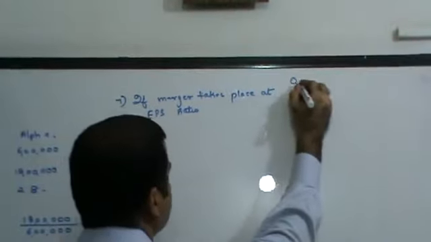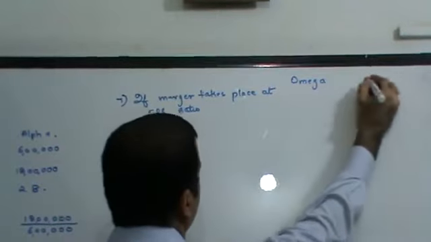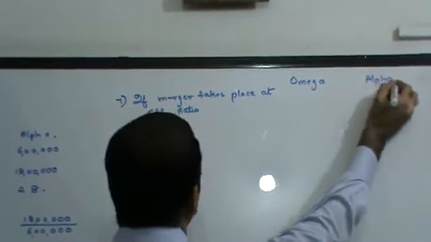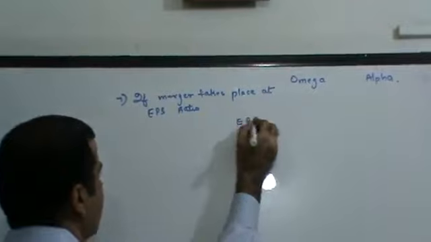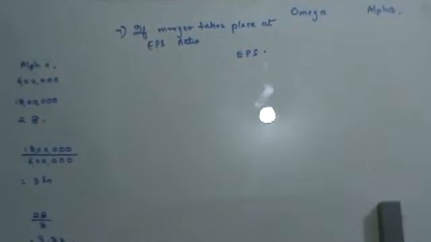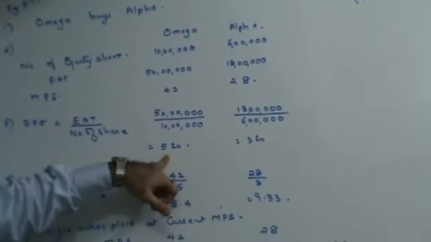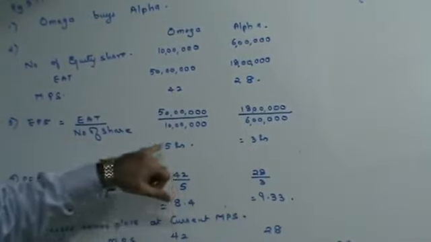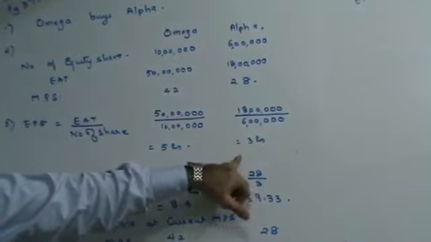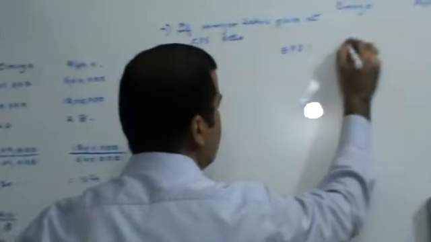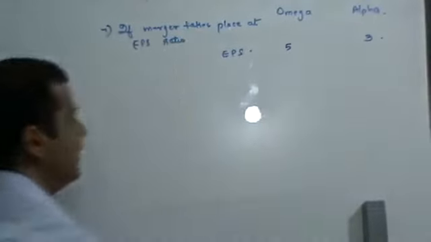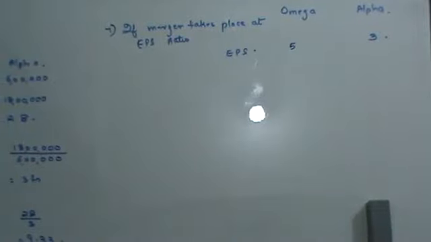You have two companies, Omega and Alpha, right? Now the pre-merger EPS of the two companies, guys, can you please see this? The pre-merger EPS of two companies was 5 rupees and 3 rupees. We will repeat the process.